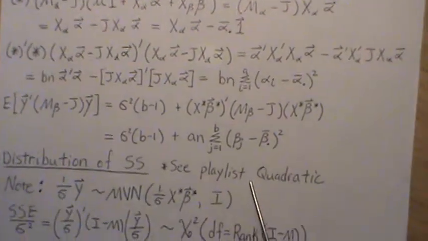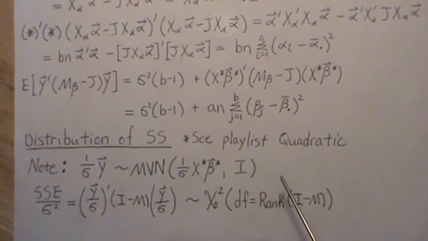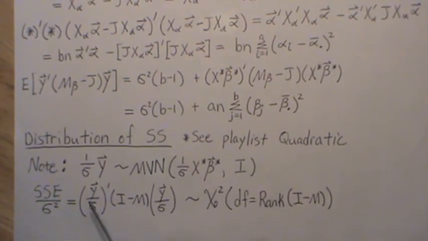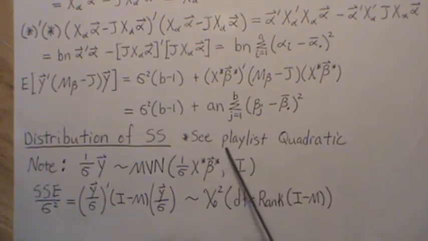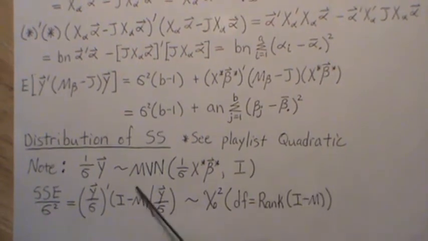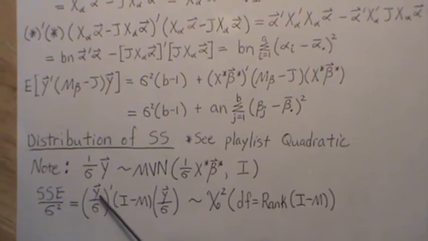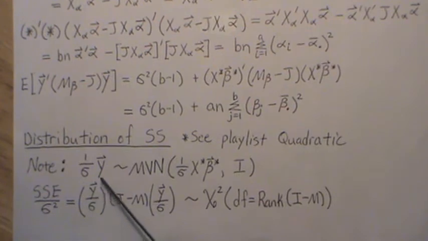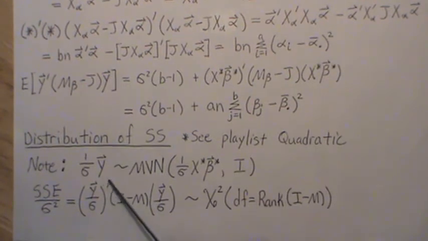Now, the distribution of these, so we just calculated the expected values. Now, I have a playlist called Quadratic, and in there we derive the distribution of quadratic forms, assuming the vector is normally distributed.